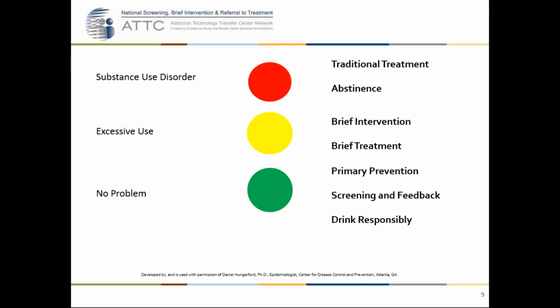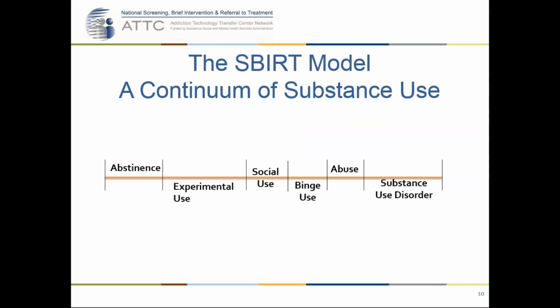And really the goal is to prevent people from moving into high risk, developing a substance use disorder, and also moving those who are in that yellow zone down to lower risk. And so we have brief intervention and we have brief treatment, or multiple brief intervention sessions over time that have shown to be effective in reducing risk and preventing those from moving into having a substance use disorder.